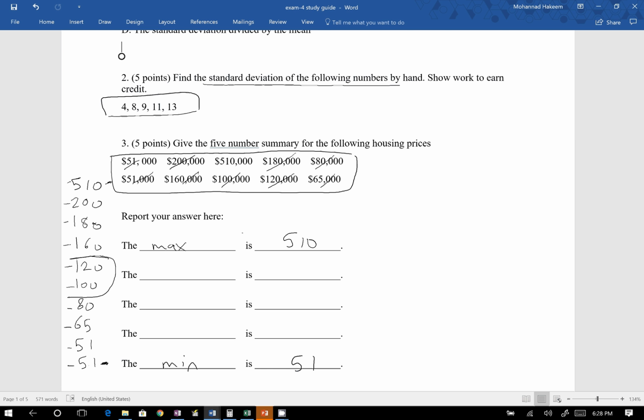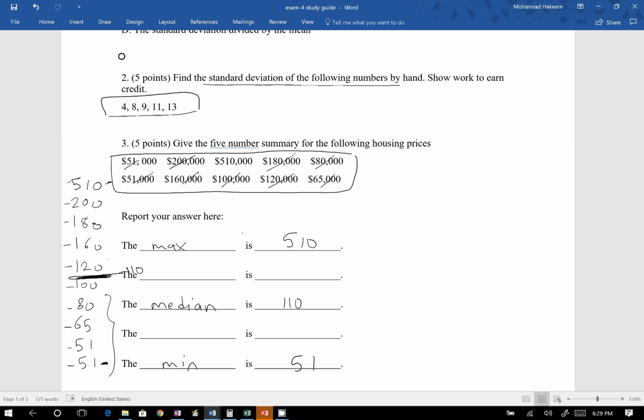See, you have 4 above, 4 below. So the median is somewhere in between, which is basically the average. The median will be 110, because it's 120 plus 100 divided by 2. So the median is 110.